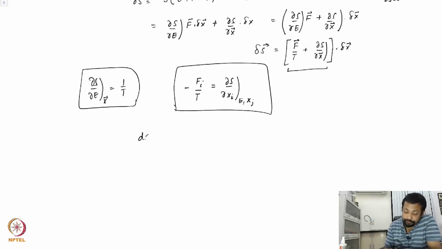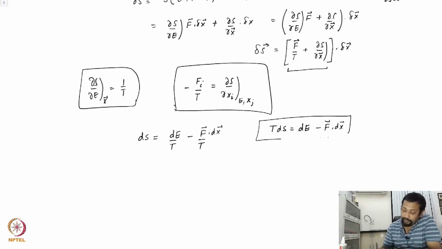And therefore your dS is, since you know the variations in E, this is dE by T minus F dot dx by T, and you arrive at the first law, which tells you that TdS is dE minus F dot dx, right?